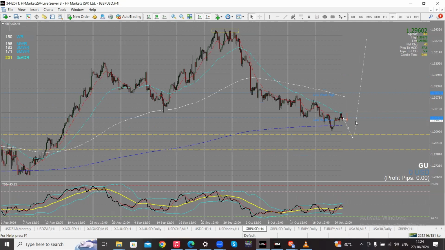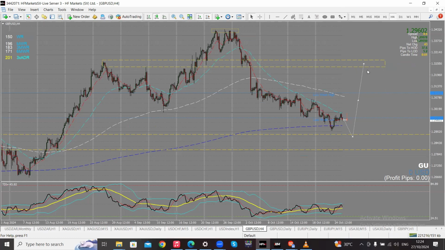Okay, I think pound dollar would likely come low so that it may go up. The extent of the rise maybe, there's also a resistance in this area here.